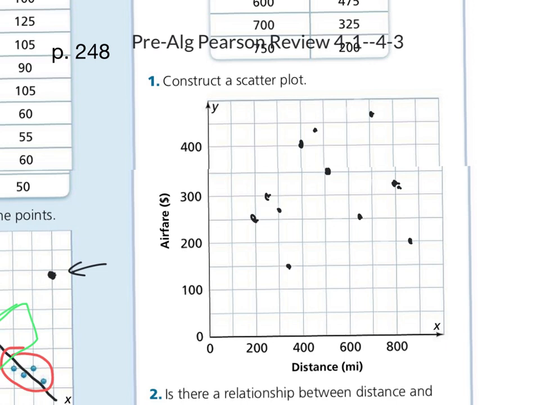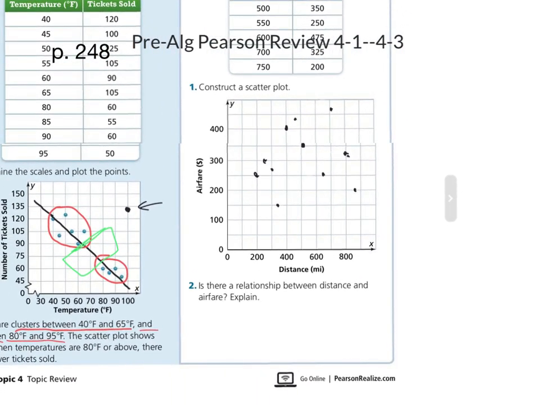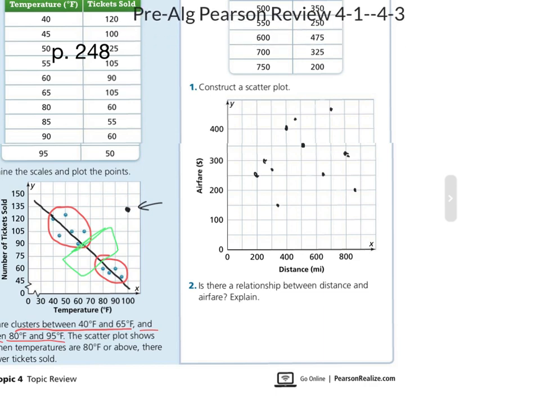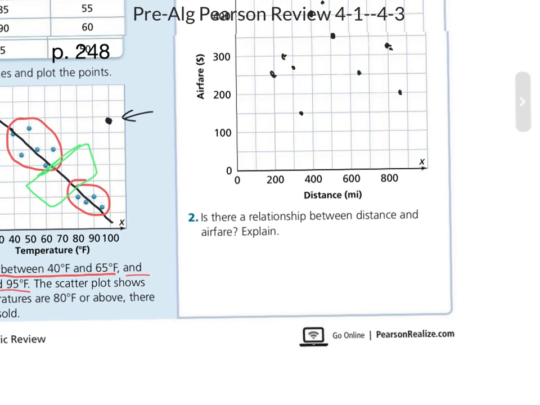They're asking on number 2 if there's a relationship between the distance and the airfare. You'd think the further you go, the more it would cost for your airfare. So you'd think there would be a positive relationship, but those are kind of scattered around. That looks like it might be raining or snowing or something.